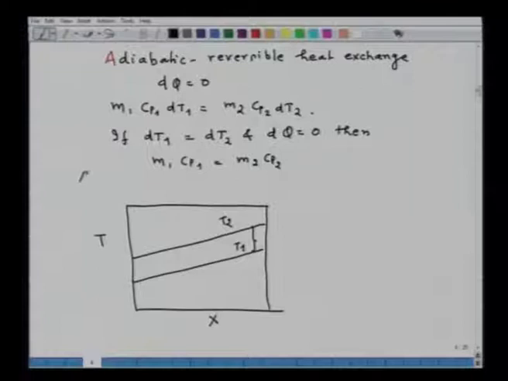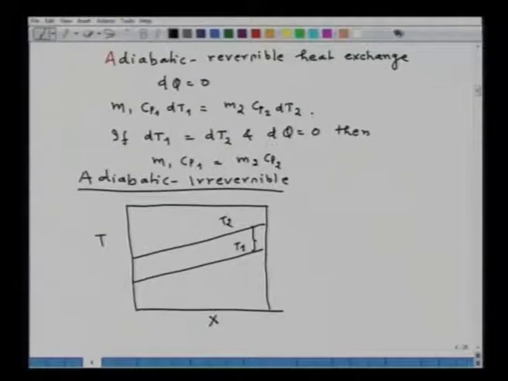Both these things introduce an irreversibility, and in both cases we will not be able to extract all the heat which is present in the hot stream. So, again, this is the adiabatic irreversible condition.